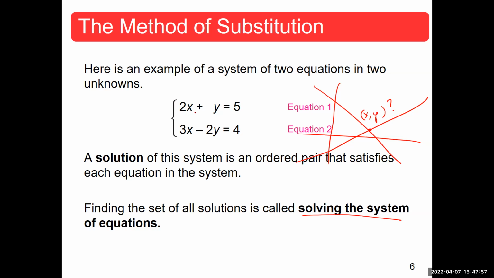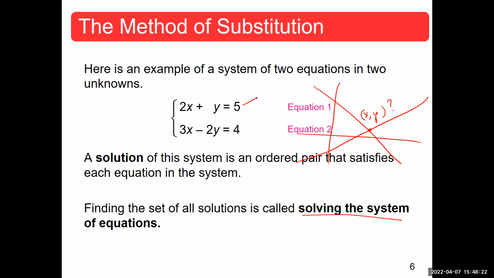Method of substitution. So what do I mean by method of substitution? That means I'm going to find one variable, either the x or the y, as a function of the other one. And normally I try to find the easiest one. Isolating the x doesn't look simple. If you see here, y is much easier to isolate.